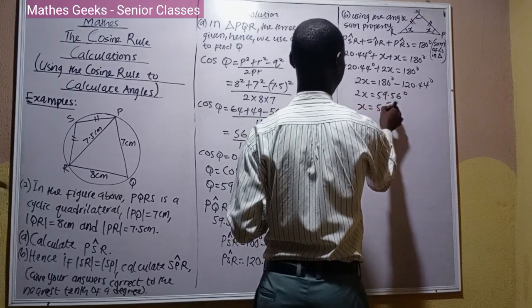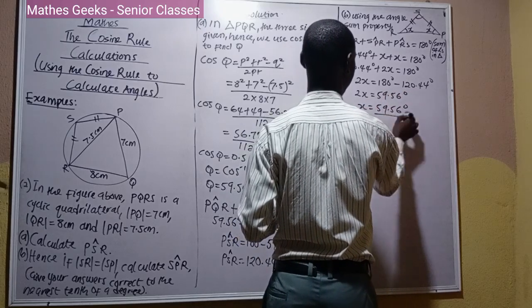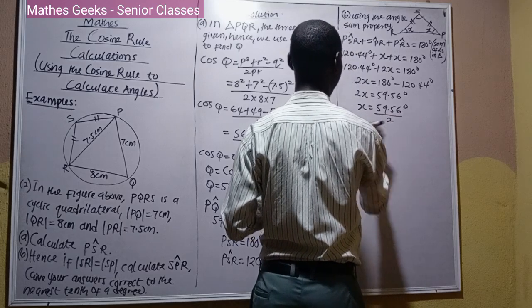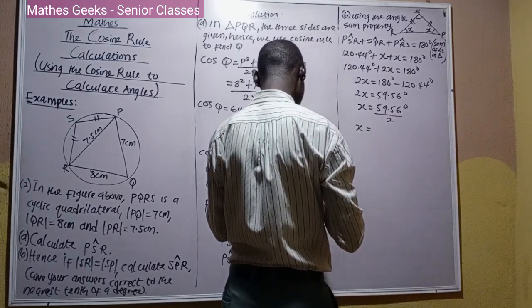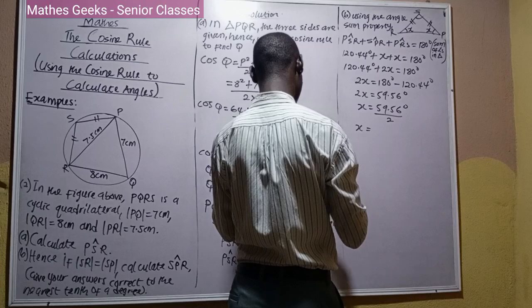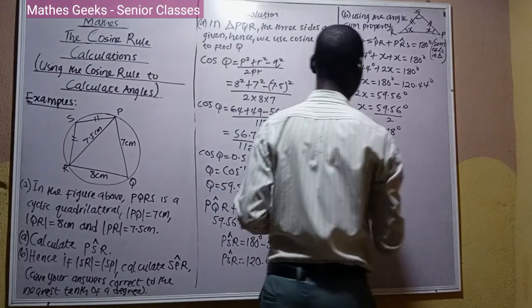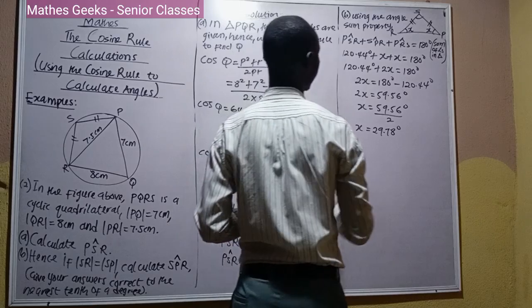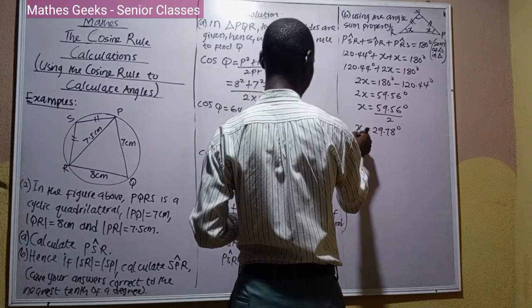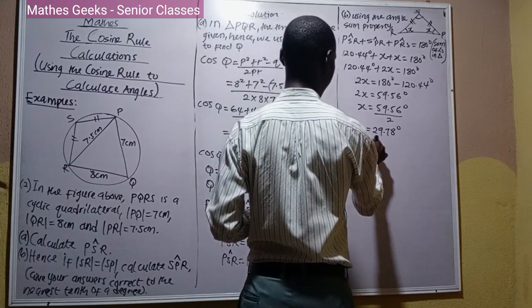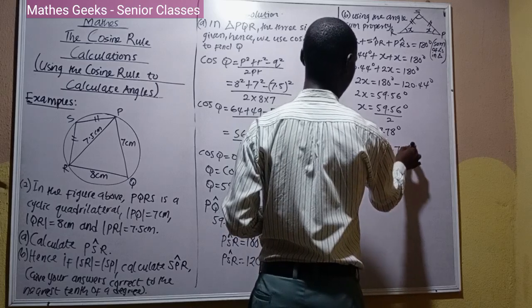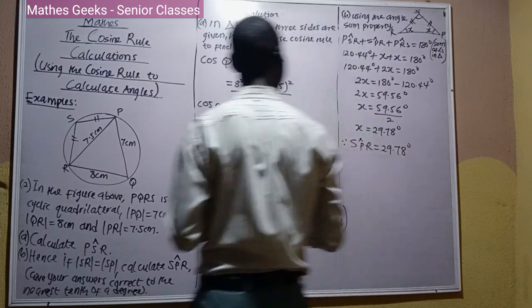So x is equal to 59.56 degrees divided by 2. x is equal to 29.78 degrees. Therefore, angle SPR is equal to 29.78 degrees.